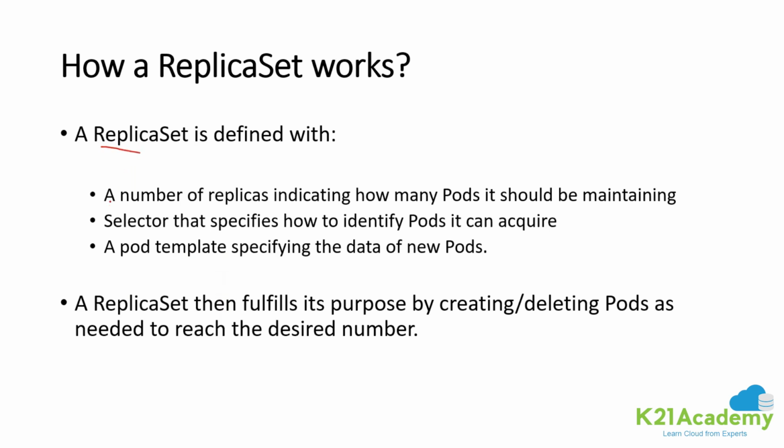Under the replica set spec, you will have an integer value which defines the number of replicas you want, called replicas. If you don't specify this, the default option is 1 replica. If you define, like, I want 5, 10, 20, 30, that is the number of replicas.